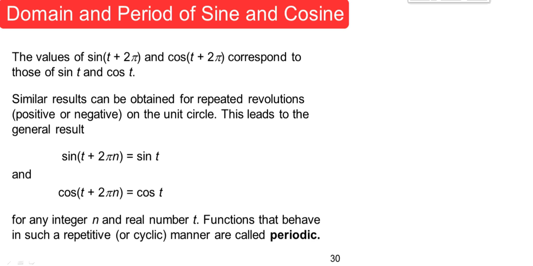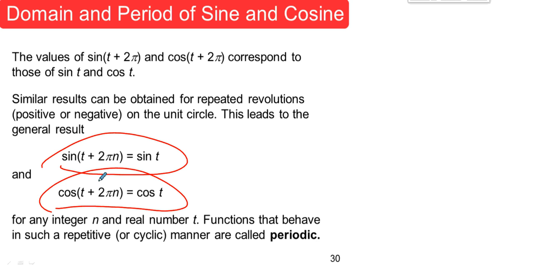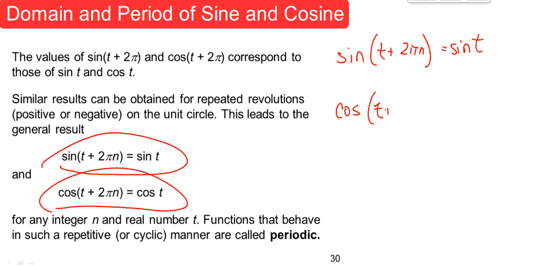So the critical learning of that little piece is this: the sine of t plus 2 pi n is equal to the sine of t. And likewise, the cosine of t plus 2 pi n is equal to the cosine of t.